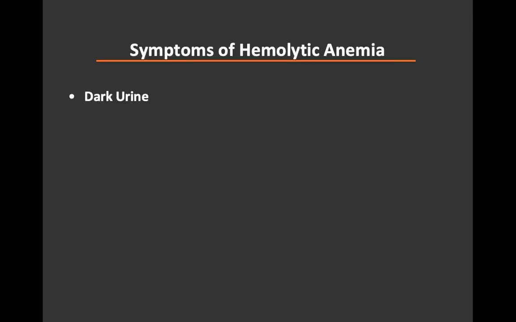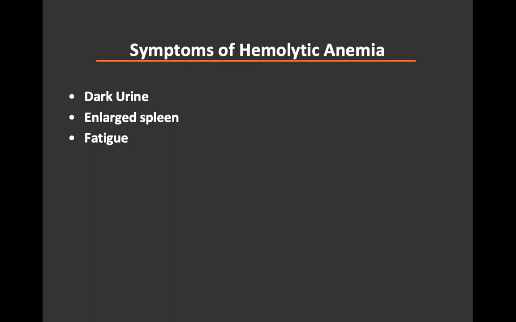Symptoms of hemolytic anemia: dark urine because there's excess blood being destroyed and cleared out by the kidneys. An enlarged spleen, or splenomegaly, because the spleen is trying to get rid of all of those dead red blood cells.